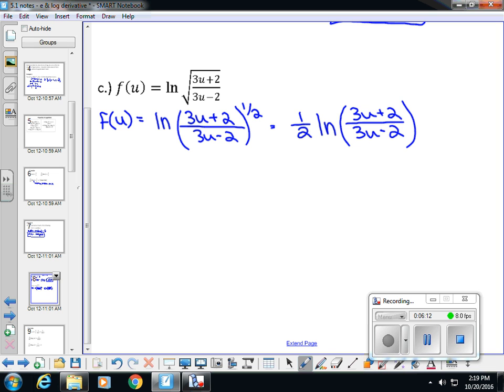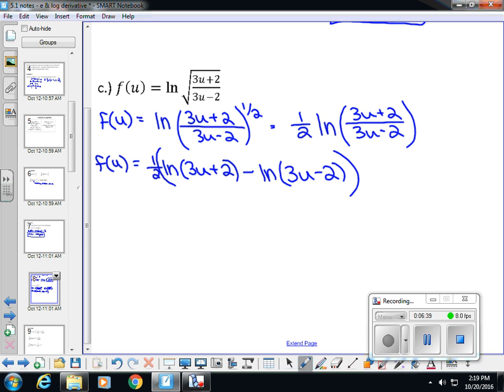Then I can break that apart even more and simply say that f of u is 1/2 times the ln of 3u plus 2 minus, I'm going to factor out the 1/2, so I'm going to write 1/2 times the ln of 3u minus 2.